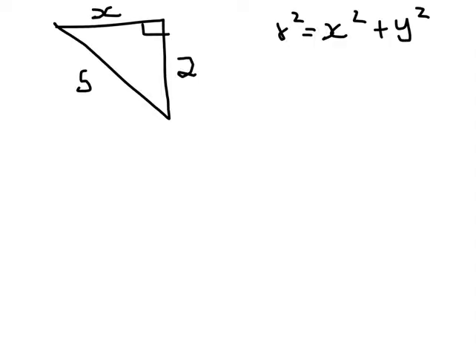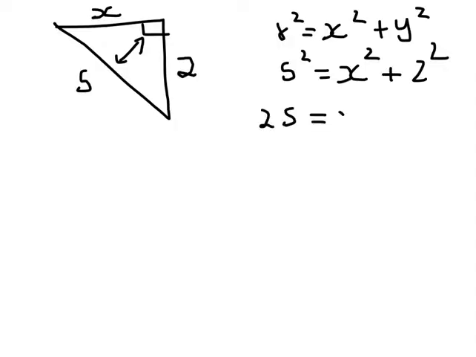Which side is the hypotenuse? It should be the one facing that 90 degrees. So that's where the 5 goes into the formula. And then side X is the one you are looking for. Plus, what is the Y side? It will be this one of 2. So you end up having 5 squared, which is 25, equals x squared plus 2 squared. What is 2 squared? Definitely that is 4.